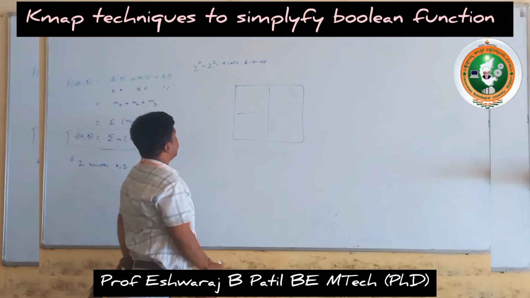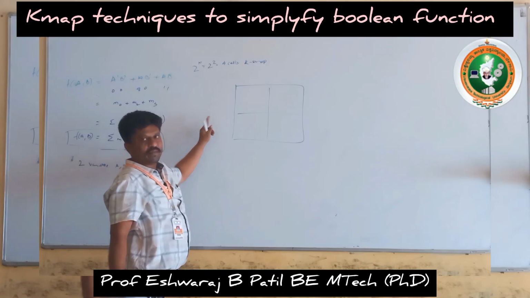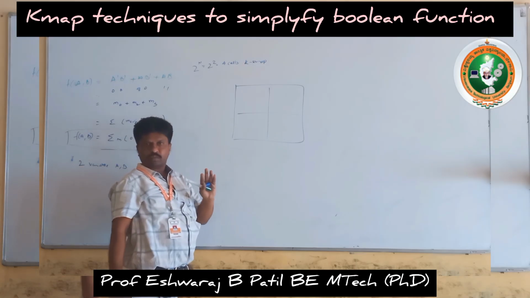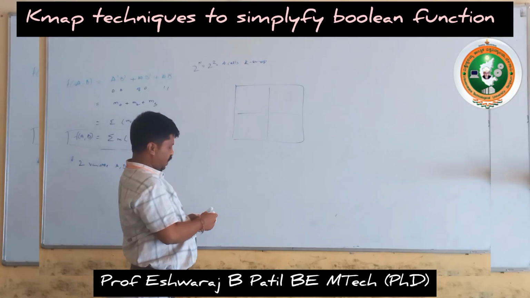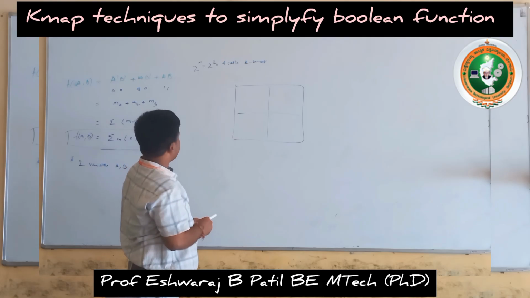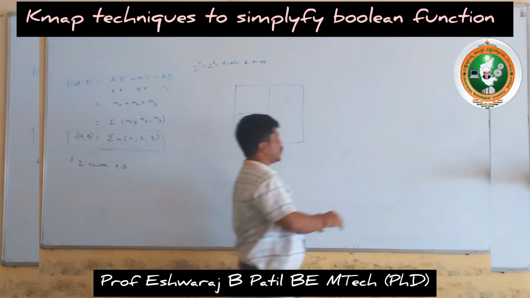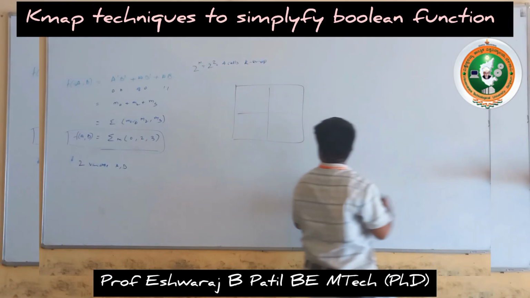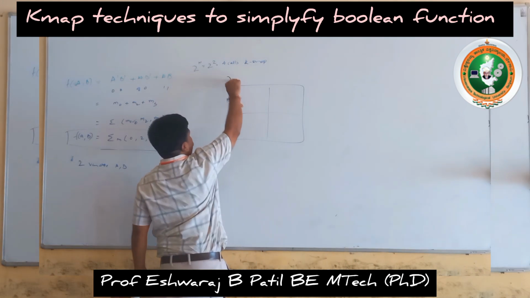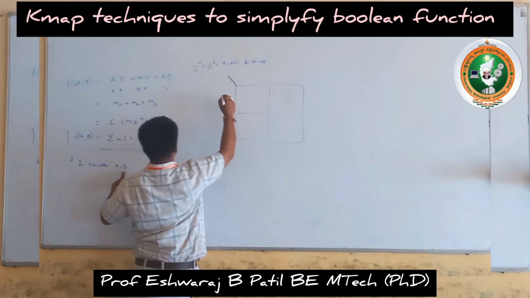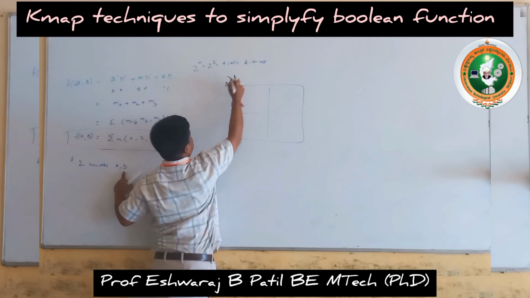Yes sir. After designing the K-map, the next step is to divide the K-map into rows and columns. A is taken on the row side and B on the column side.